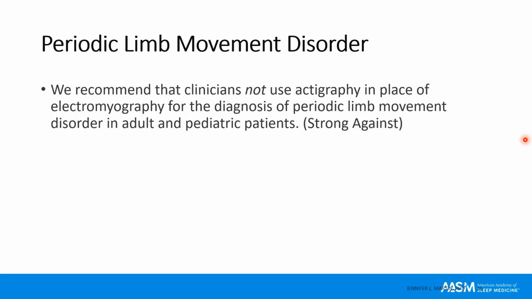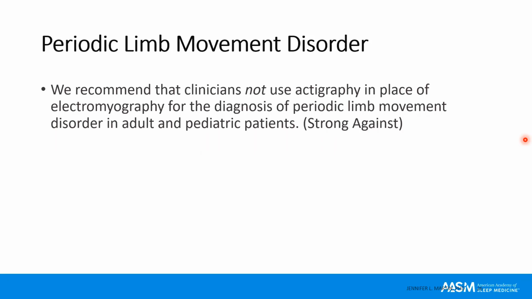And the main reason is that there wasn't evidence that using actigraphy was sufficiently precise to inform treatment. It would potentially delay treatment if you had to then do a polysomnogram.